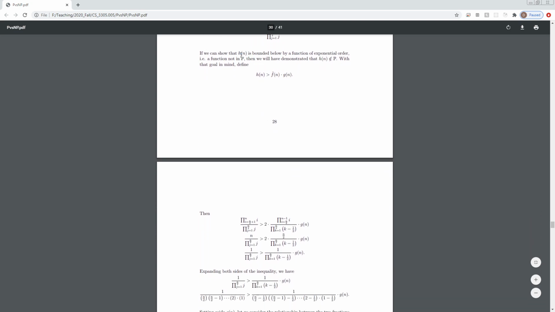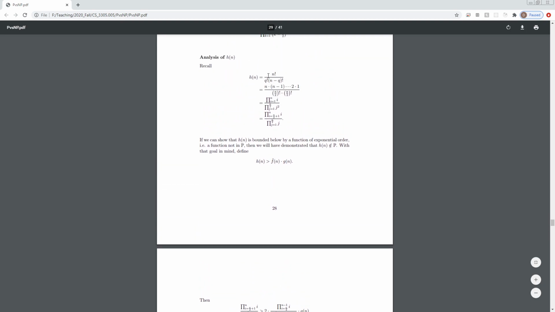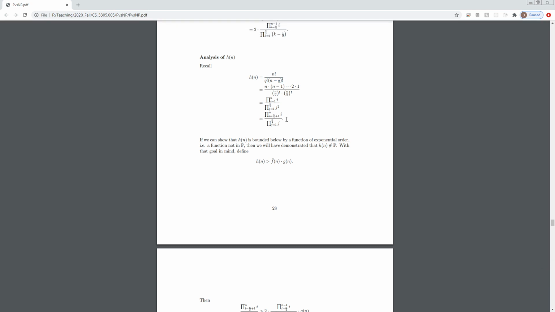And so if we can show that h of n is bounded below by something that's also exponential order, then we have that our combinatorics function grows exponentially, which combined with the tree height argument and decision tree for our algorithm, and by having enumerated the number of final states, the leaf nodes in our program, we can show that we've identified a problem.